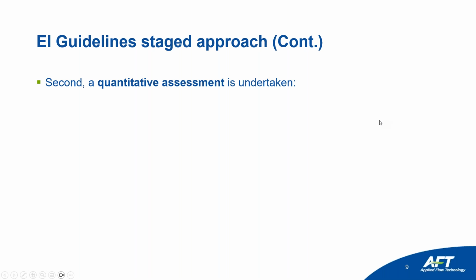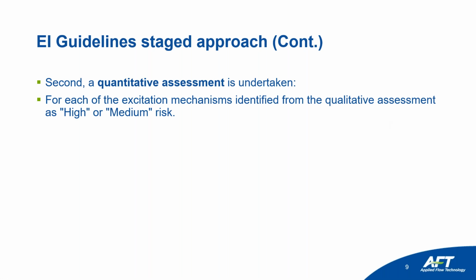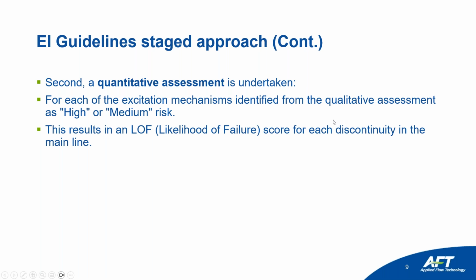So second, a quantity assessment is undertaken in order to be applied for each excitation mechanism identified from the quality assessment as high or medium risk. This results in an LOF, likelihood of failure score, for each discontinuity in the main line.